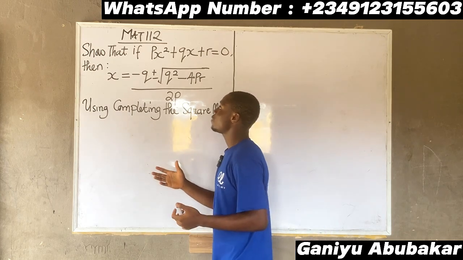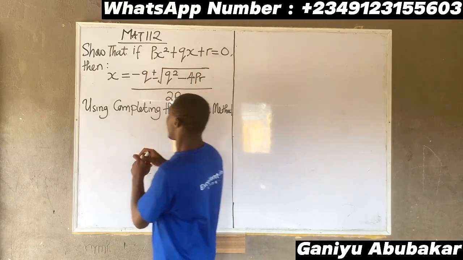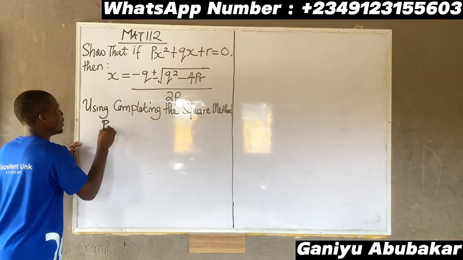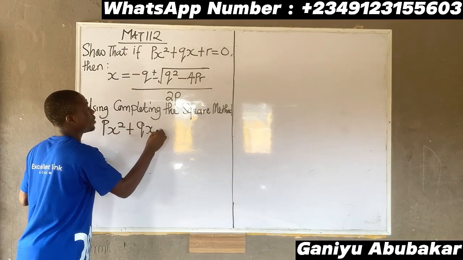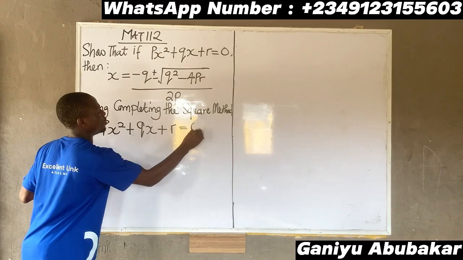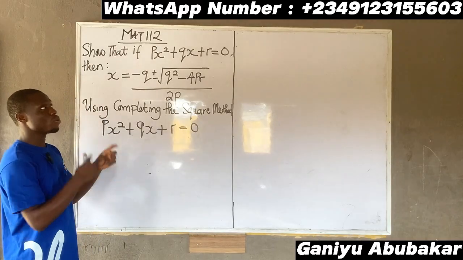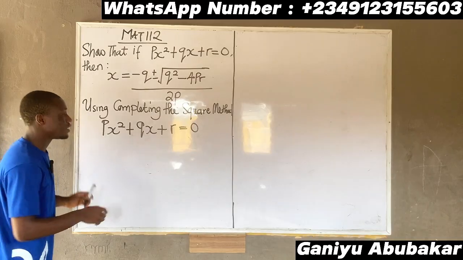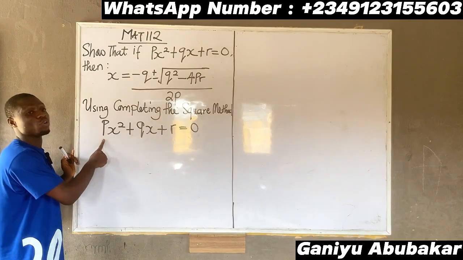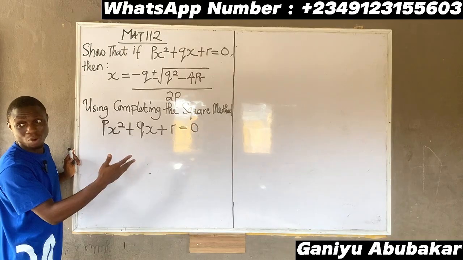First things first, we said your task is this question. I'm given that px squared plus qx plus r equals 0. I told you that when we're doing the completing the square method, always ensure that the coefficient of x squared is unity, is 1.